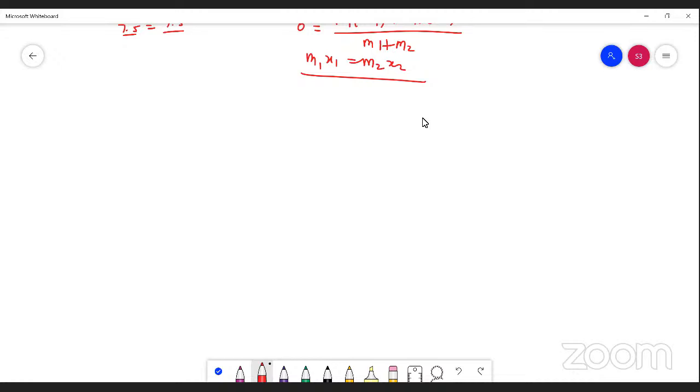Both the results are same, but the measure of the distance is different. For the two masses, the center of mass is the same. It is located at the same point. And also, we can arrive at a conclusion that the center of mass is located very close to the mass which is of greater magnitude.